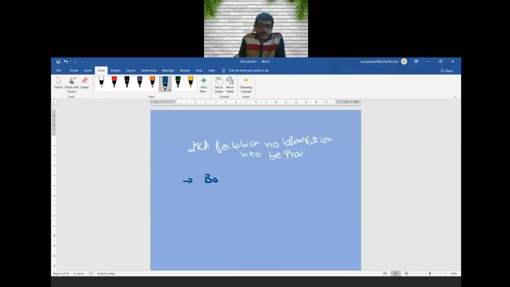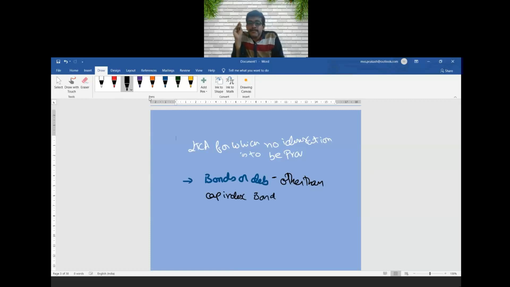Any sort of bonds or debentures other than capital indexed bonds. Capital indexed bonds tappa remaining whatever bonds or debentures you are having, you should not provide indexation, and I can provide indexation if that is a capital indexed bond.